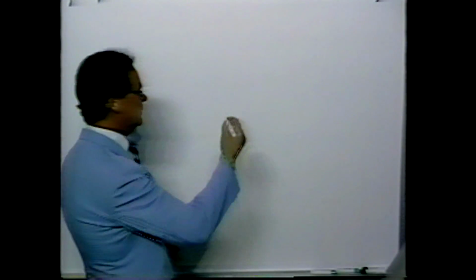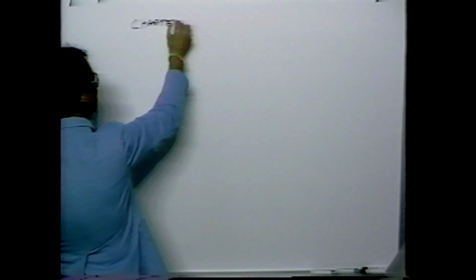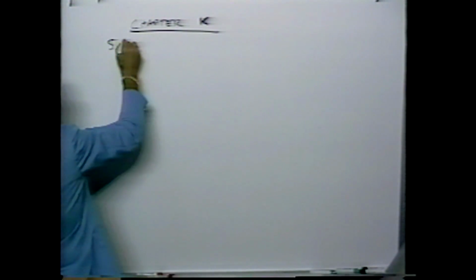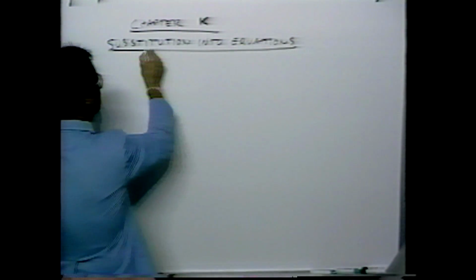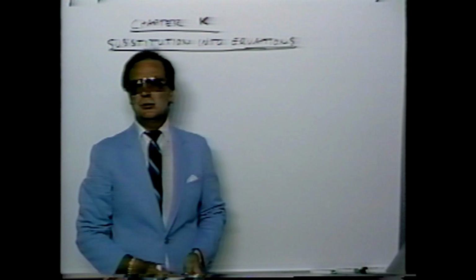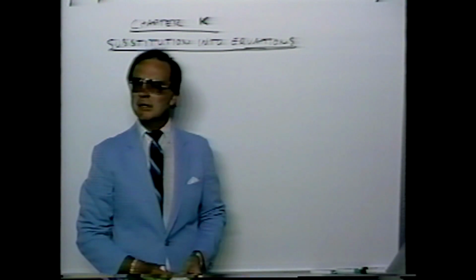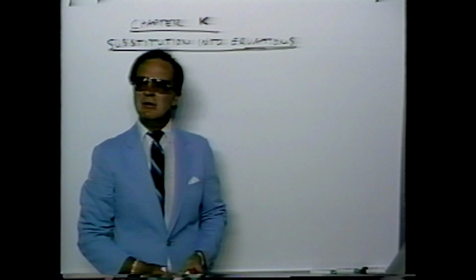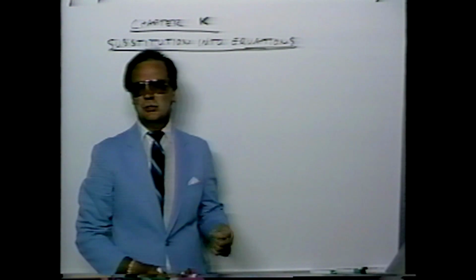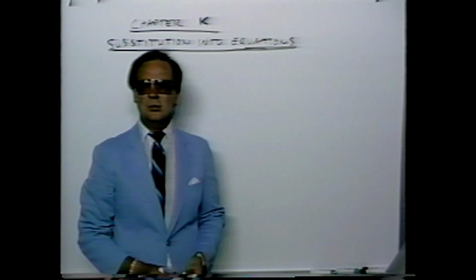Continuing then with Chapter K, substitution into equations. Before doing the chapter on substitution into equations, you should have completed the chapter on literal linear equations, because as I have explained, the substitution into equations chapter is an extension of literal linear equations.